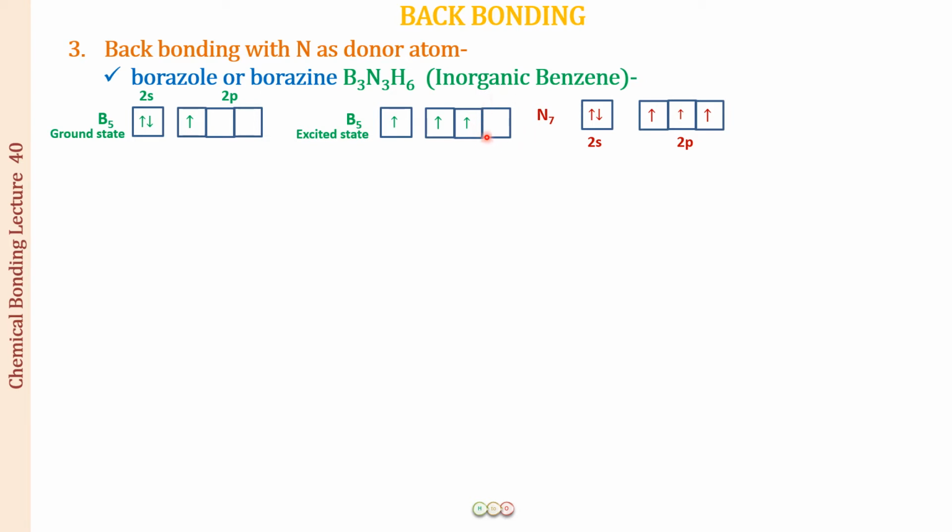After that, there is still one unhybridized p orbital left, which can accept a lone pair of electrons from nitrogen, which has the electronic configuration 2s2 2px1 2py1 2pz1. So there is a lone pair of electrons present in nitrogen, which it can share with the empty orbital of boron, leading to the formation of a back bond.